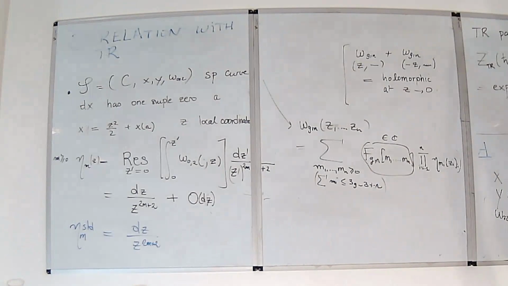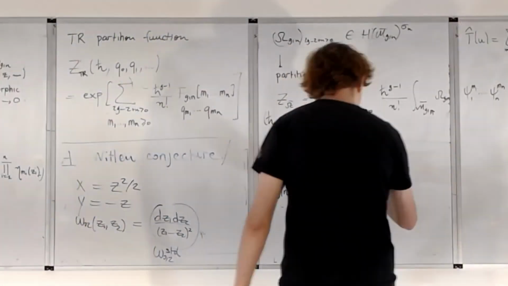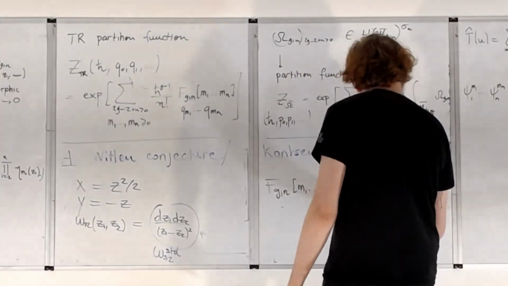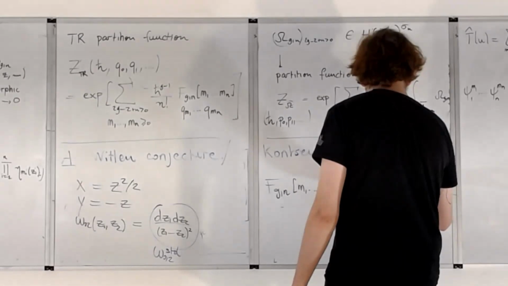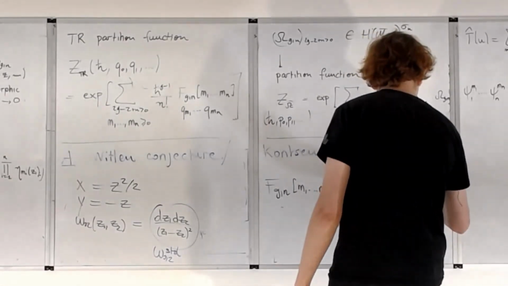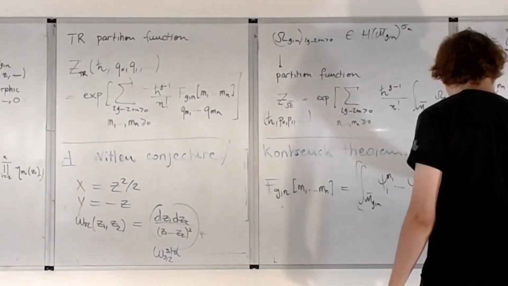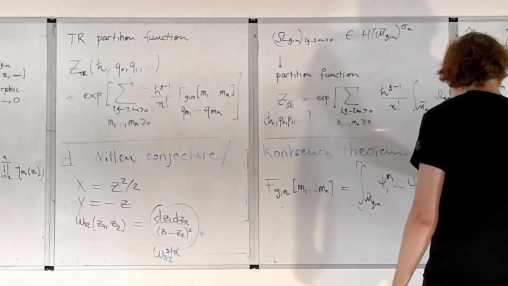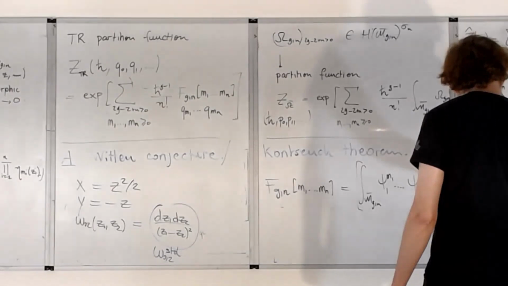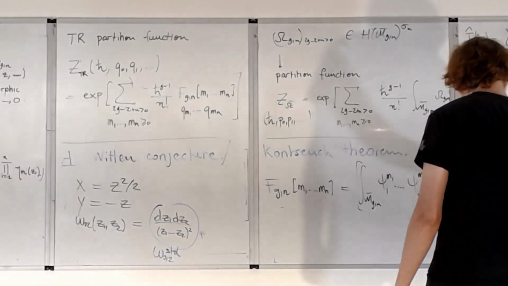And what the conjecture is saying, and the theorem now is saying, is that these are exactly the psi class integrals, up to a combinatorial factor, which is (2m_i plus 1) double factorial.